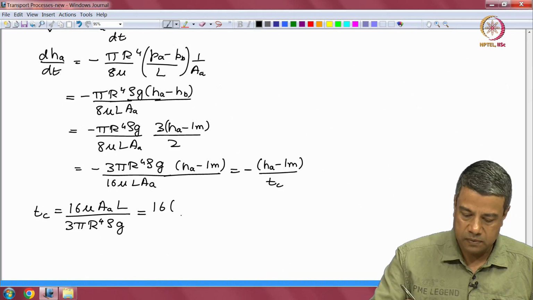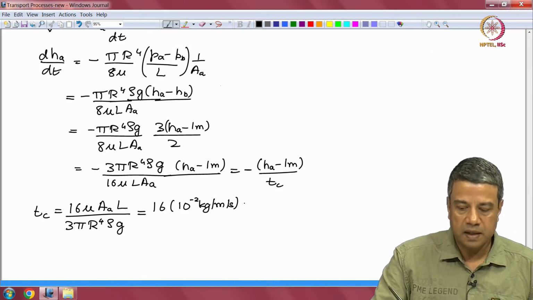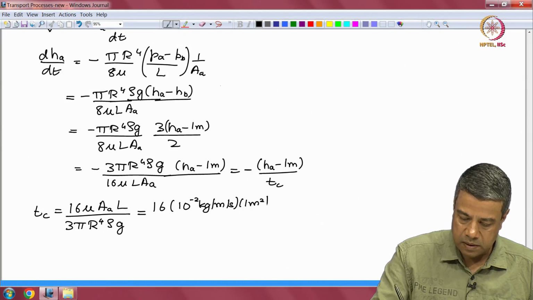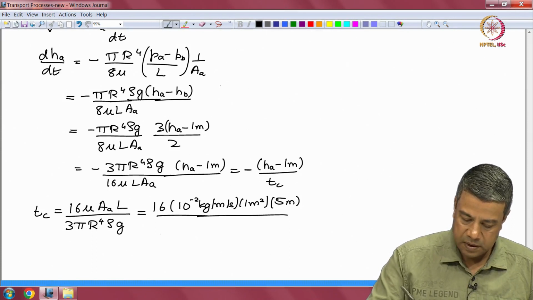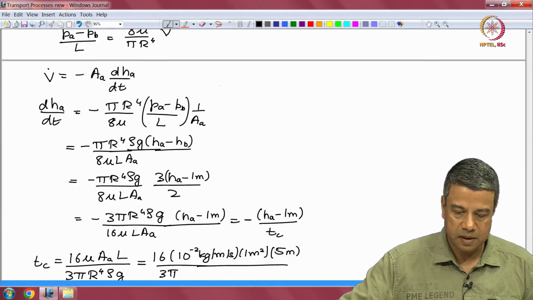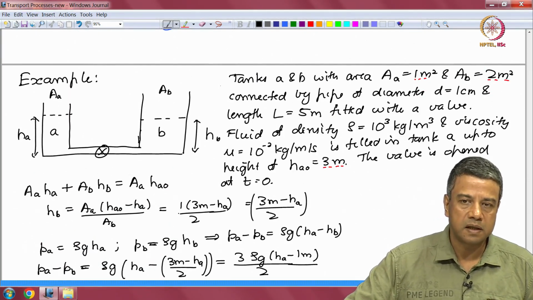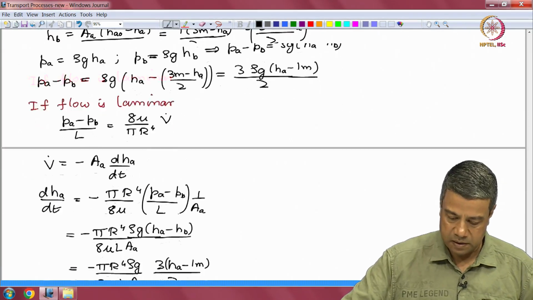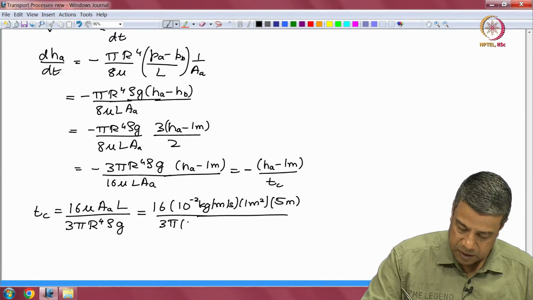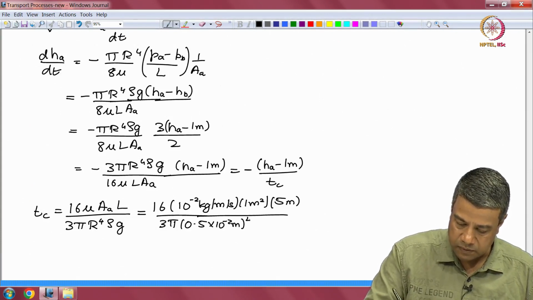approximately 10 times that of water. Area of tank A was 1 meter square. Length of pipe was 5 meters. Divided by 3 pi. Pipe diameter was 1 centimeter, which means that the radius is half a centimeter, that is 0.5 into 10 power minus 2 meters whole to the 4th power.